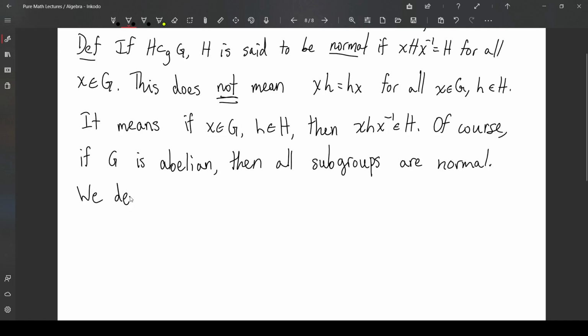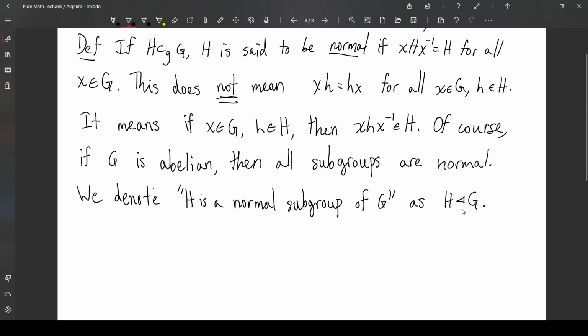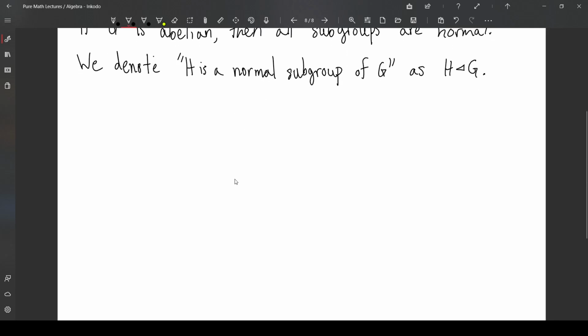We denote H is a normal subgroup of G as H and then this sort of triangle operator and then G. And so this is actually standard notation, unlike my subgroup notation. I've seen it in multiple places.